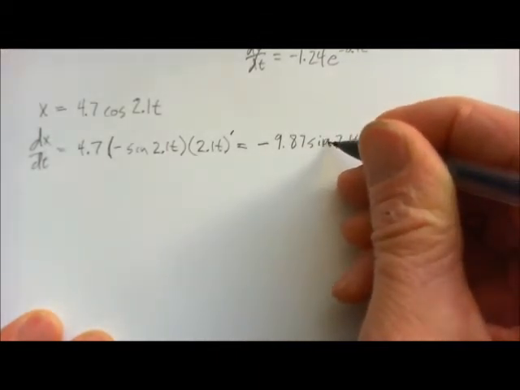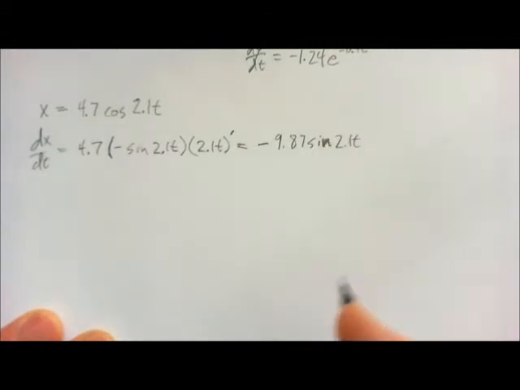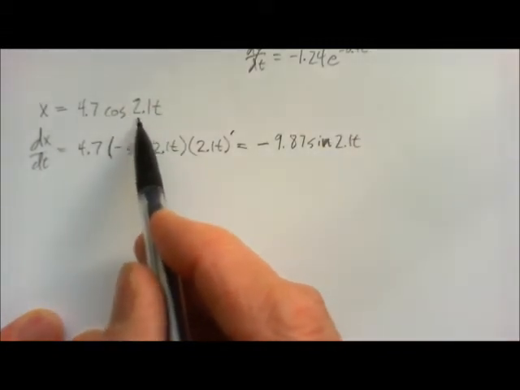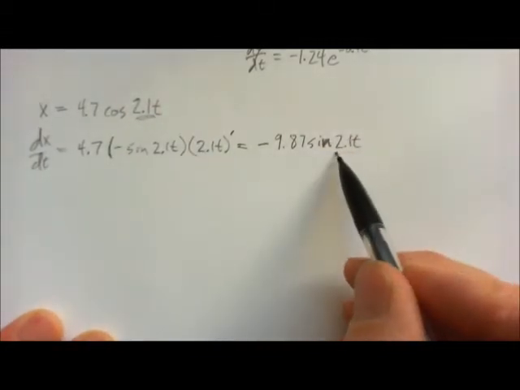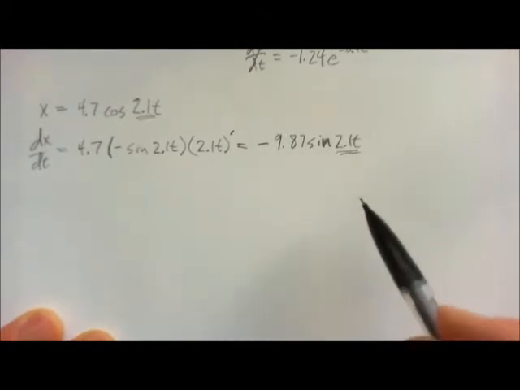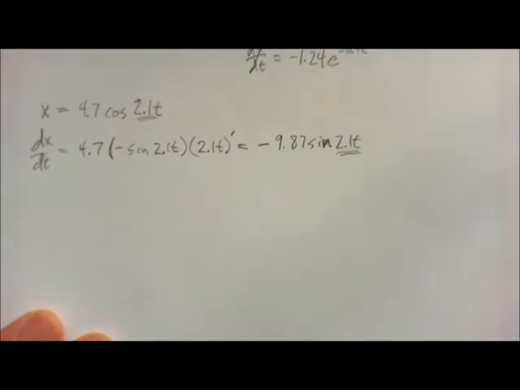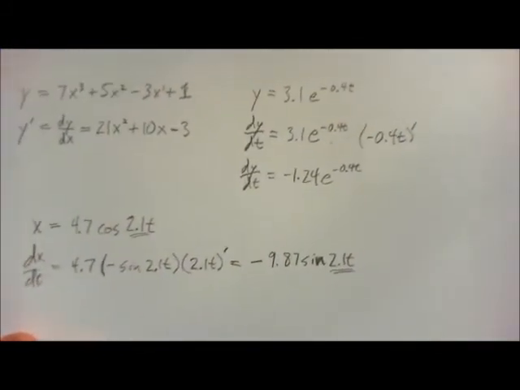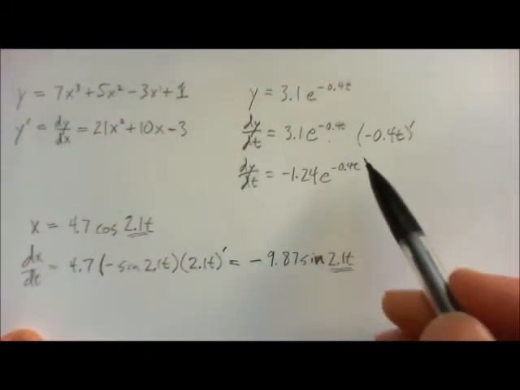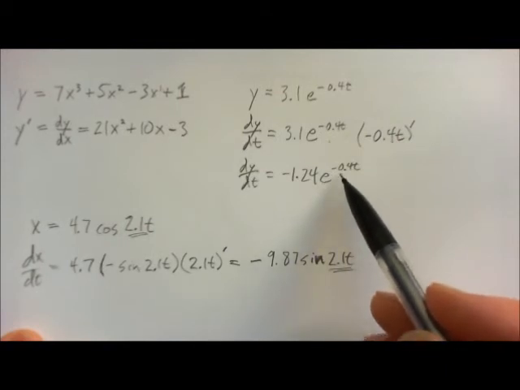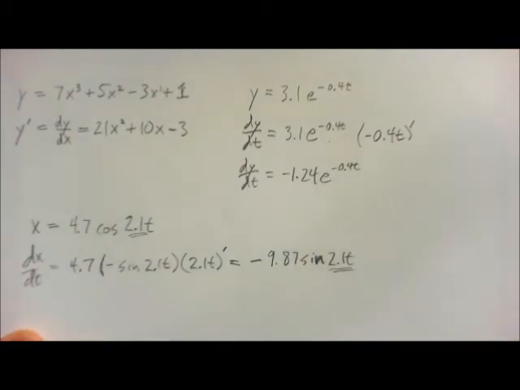Notice that whatever we're doing the sine or cosine of in our original function, in this case cosine of 2.1t, shows up in our derivative as well. That never changes. Just like up here, when we're doing a derivative of e to a power, our final result will still have e to the very same power in it. All right, so let's take a pause and we'll come back and review the product rule.